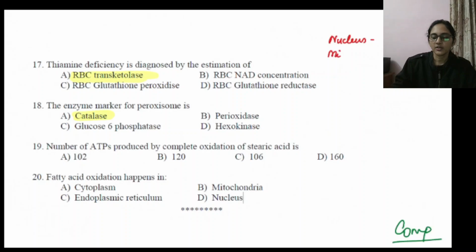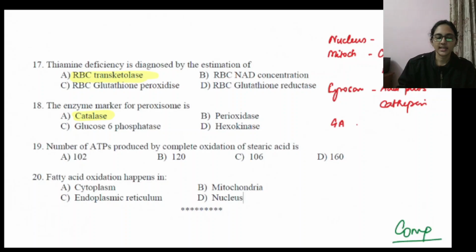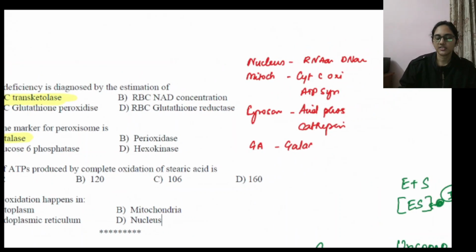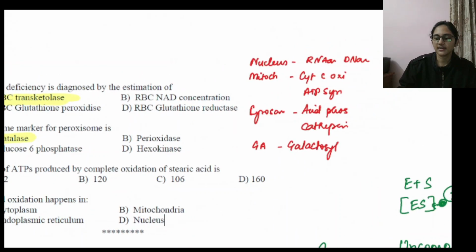Mitochondria, you have cytochrome C oxidase or ATP synthase. Peroxisome, you know it is catalase. Lysosome, you have acid phosphatase and cathepsin. And Golgi apparatus, you have galactosyl transferase.